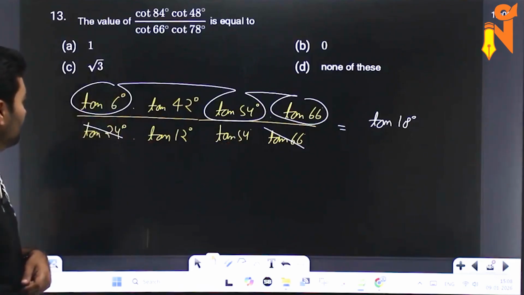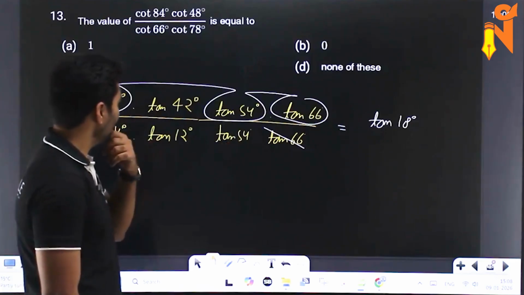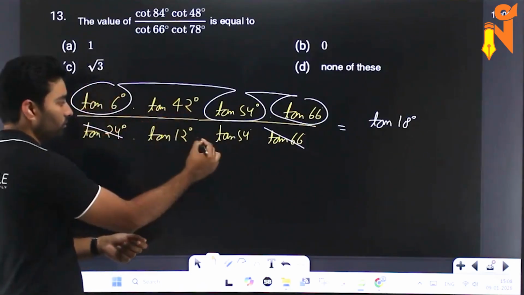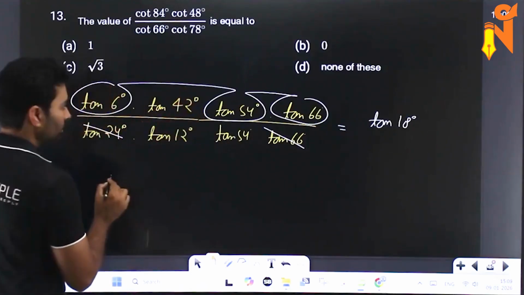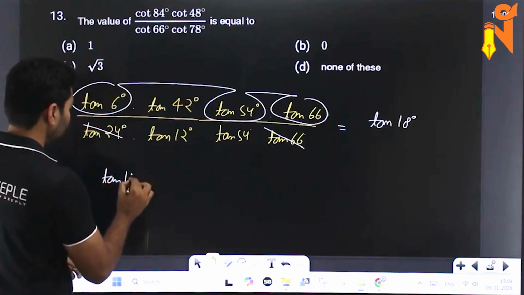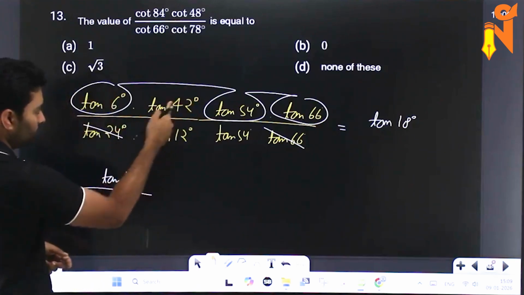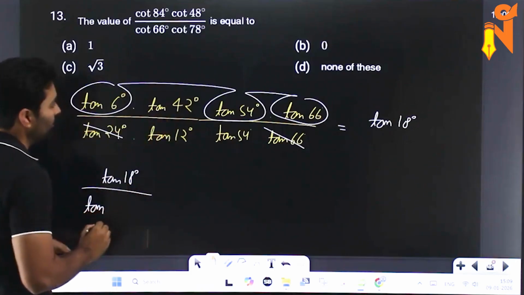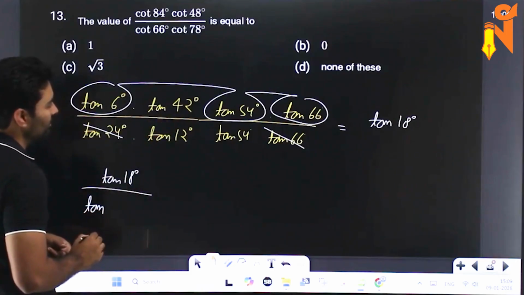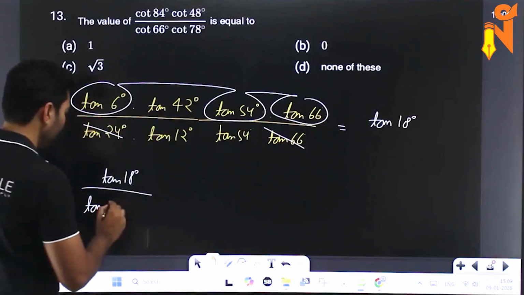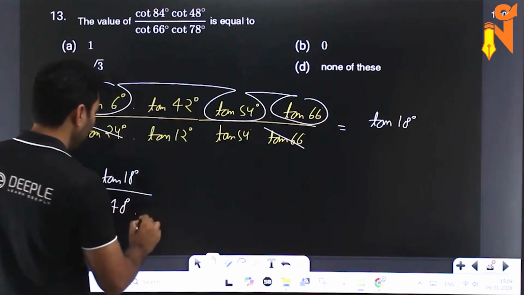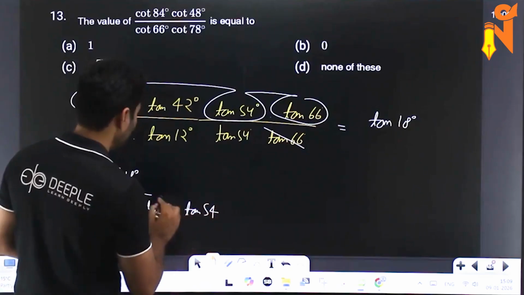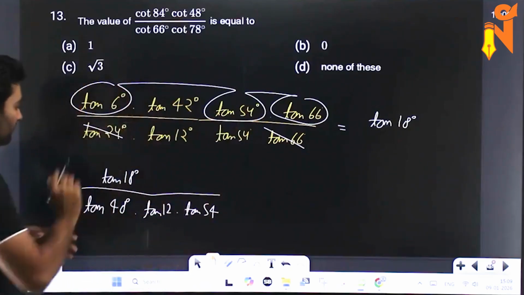And one more thing, if this comes down, this will become cot 42 here, so tan 18 degree here, this will come down, this 42, so here cot 42, then tan how much, tan 48 degree into tan 12 here, tan 12 into tan 54, okay, fine.